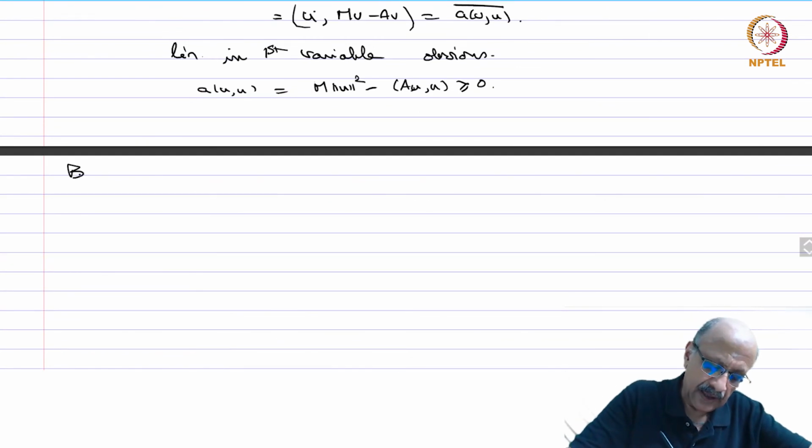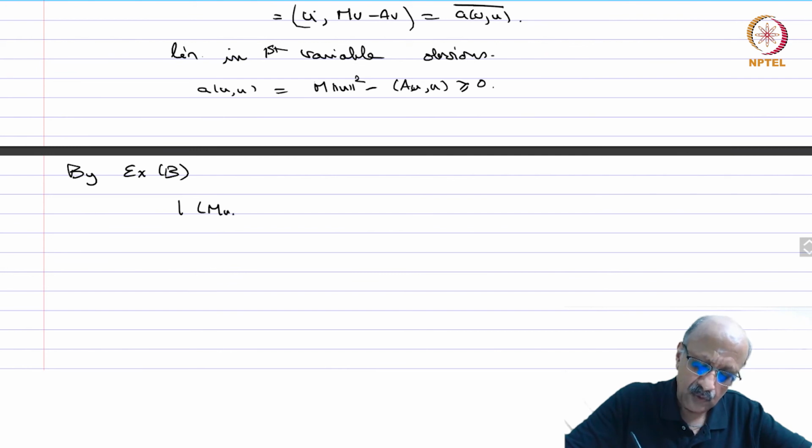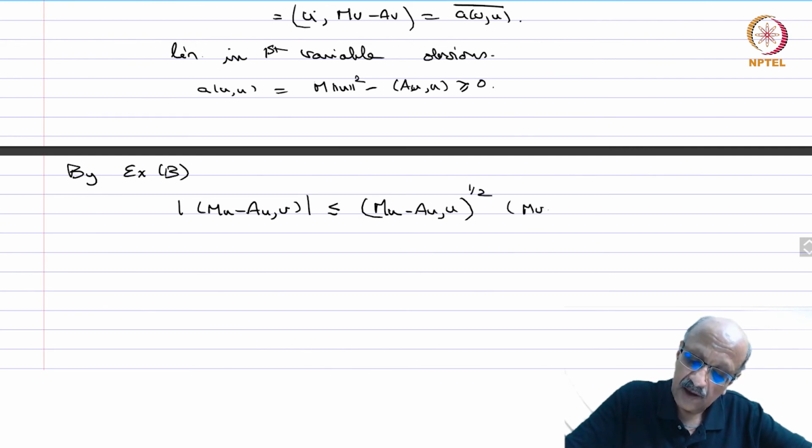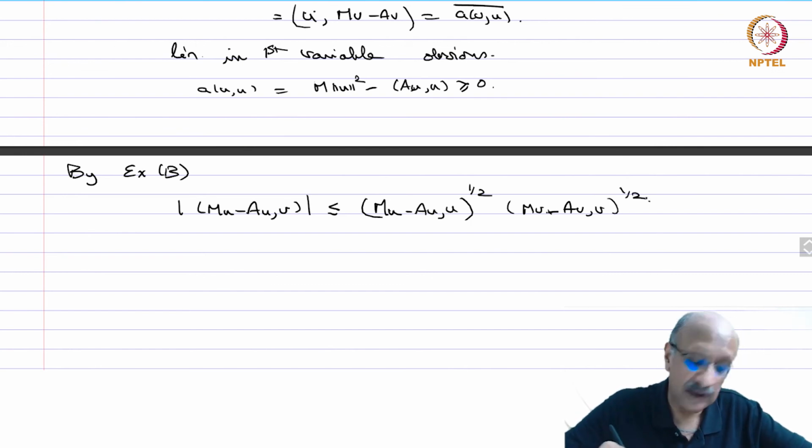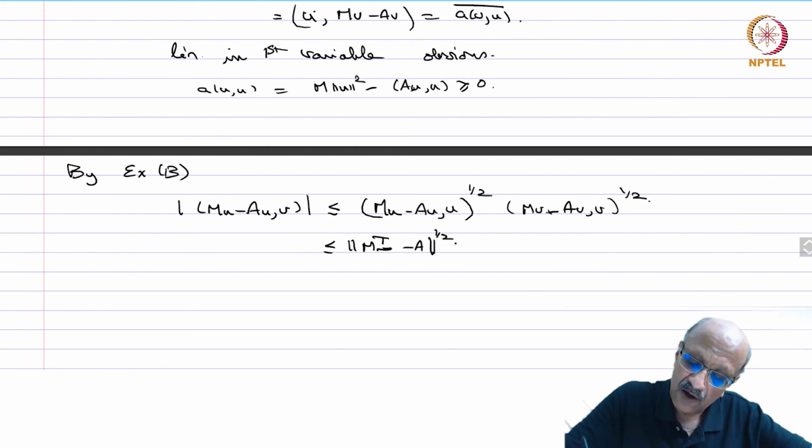And of course by the definition of M this is greater than or equal to 0. Therefore by exercise 13 we have the Cauchy-Schwarz inequality. So mod of ((MI minus A)u, v) is less than or equal to ((MI minus A)u, u) to the power half and ((MI minus A)v, v) to the power half, which is less than or equal to norm of (MI minus A) to the power half into norm v into ((MI minus A)u, u) to the power half.